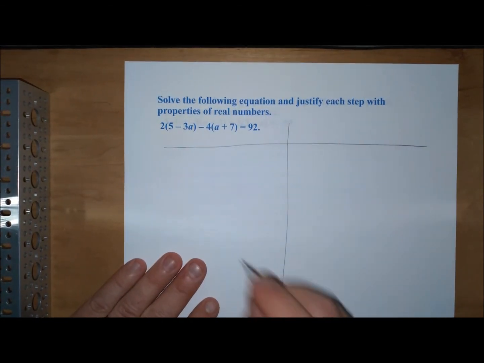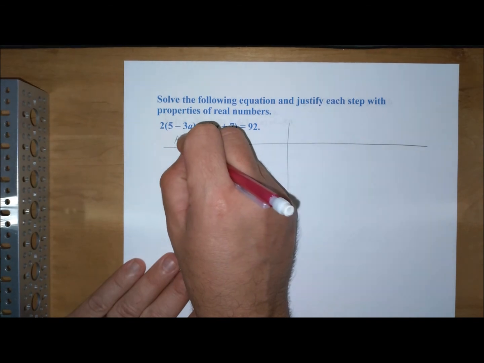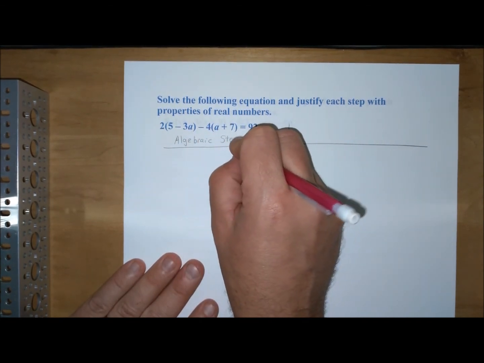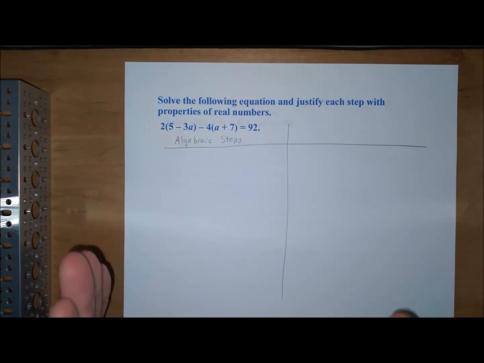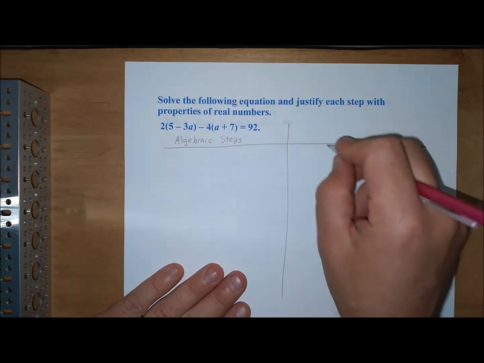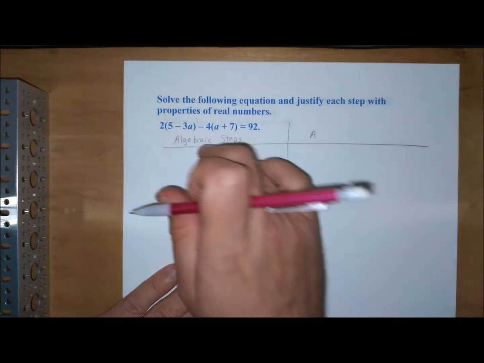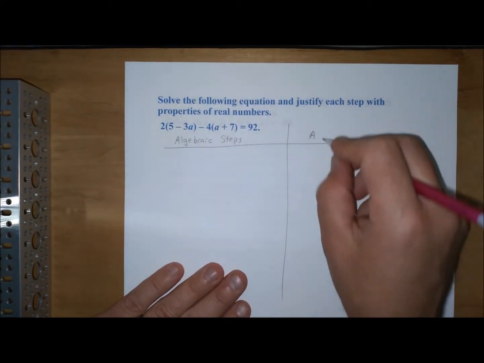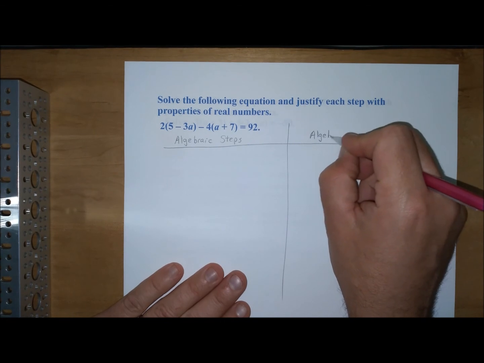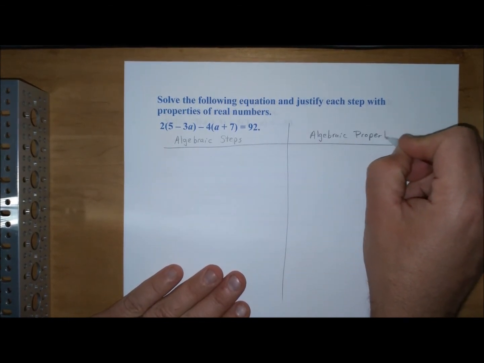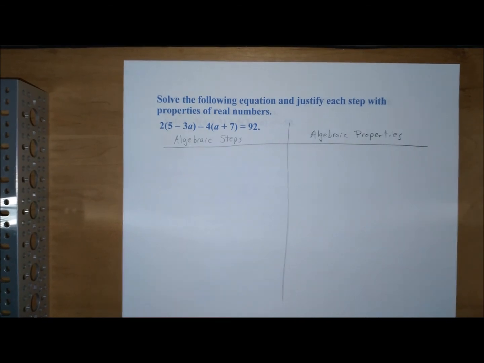They're essentially the same thing, but we're going to call these algebraic steps, which are basically writing equations. And then our justification, our reasons for why we're doing what we're doing in these steps, are going to be our algebraic properties, the ones that we just reviewed.